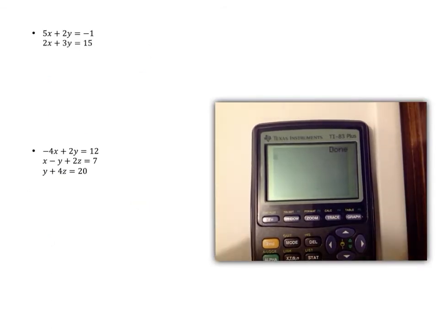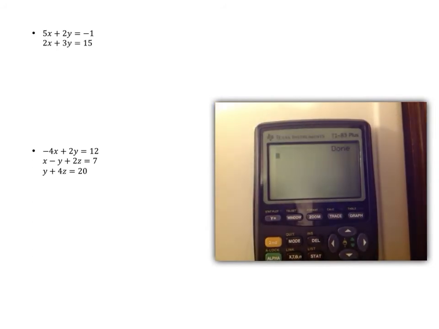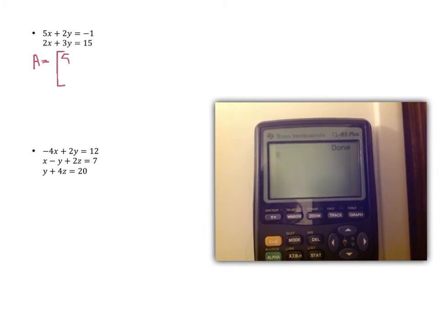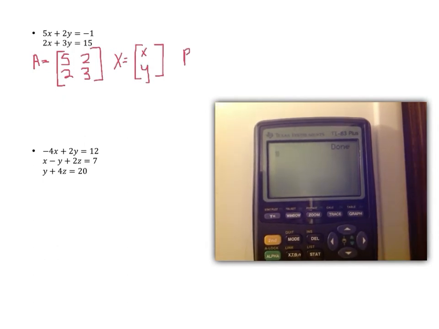So let's take a look at our first system of equations. We'll set up matrix A, and that will equal the coefficients, 5, 2, 2, 3. Matrix X is always the variables, and then matrix B will be the constants.